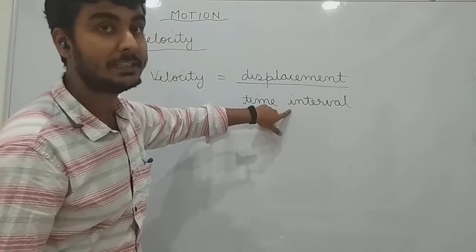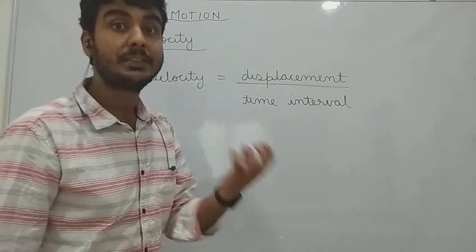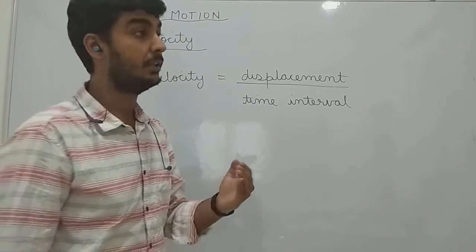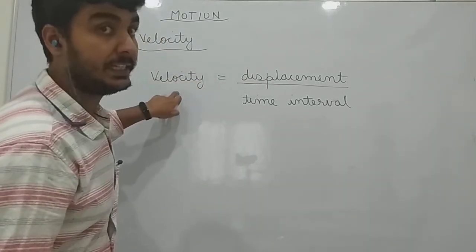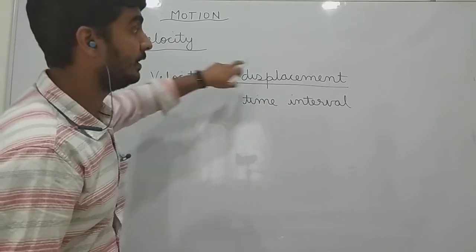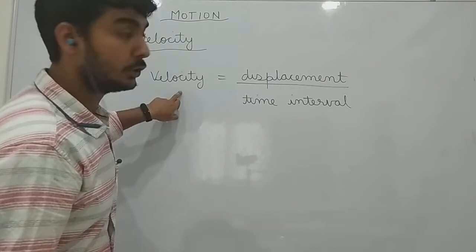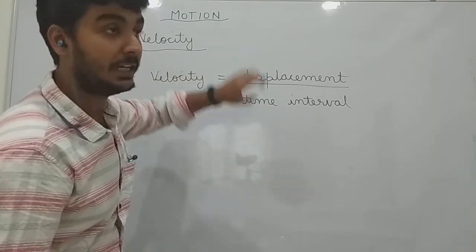In case of a vector quantity, sign represents direction. So the direction of velocity will be the same as the direction of displacement.